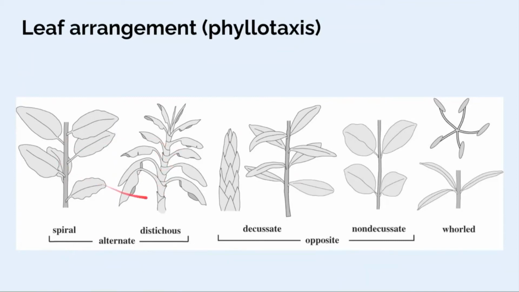So both of these are in the category of alternate, and spiral is basically they're appearing at intervals. If you look down at the plant, you'd see it kind of going around in a circle as those leaves come out. Distichous is coming out on one side or the other side.